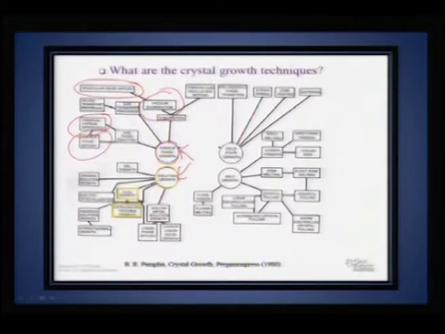All this I have discussed in the previous lectures. Therefore, we will not look into vapor phase growth either. So, in today's talk, mainly we will look at some of the solid state growth, or some examples of melt growth techniques.